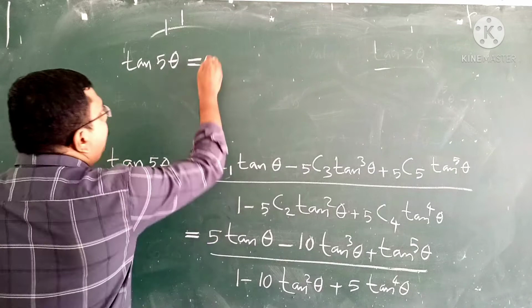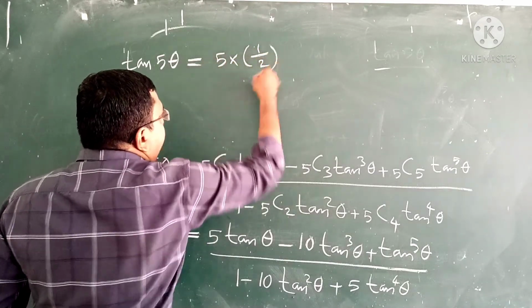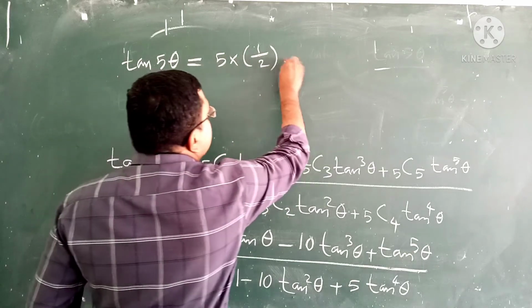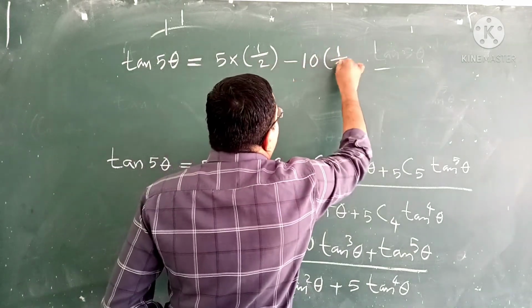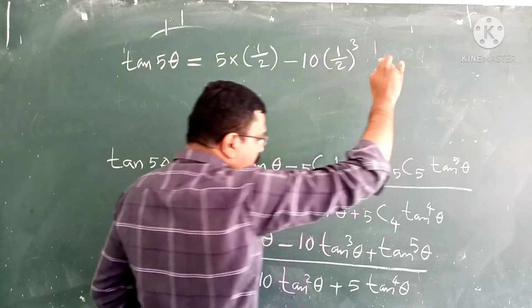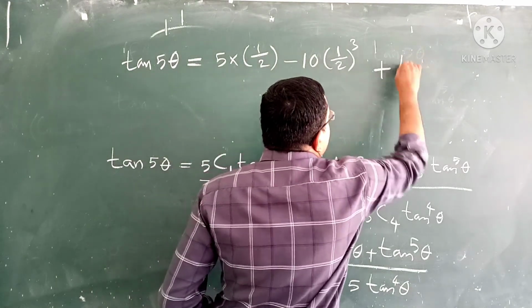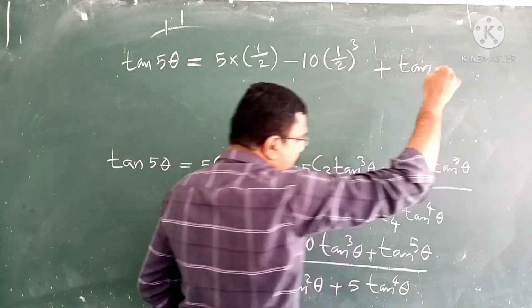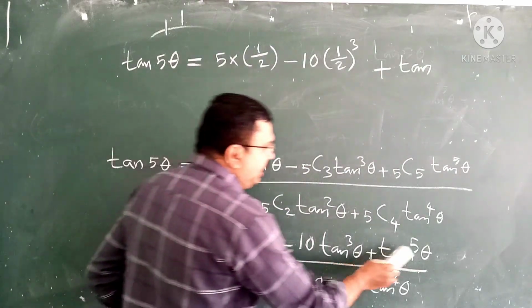That is 5 into 1 by 2 minus 10 into 1 by 2 cube plus tan raised to 5 theta.